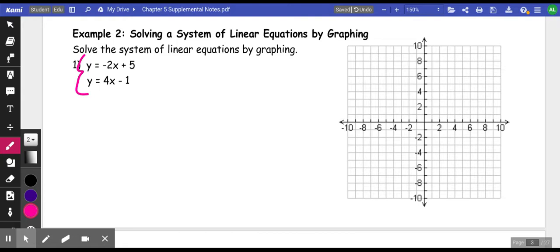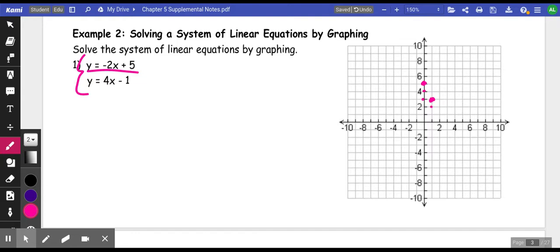I'm going to do this first one here in pink. Okay, so y is equal to negative 2x plus 5. So I know my starting point right here is 5. Okay, that's my y-intercept. And my slope is negative 2. So I'm going to go down 1, 2, and over 1. I'm going to try and make my life a little bit easier. I'm going to have a whole bunch of points, so when I plot this line, it looks good even on the laptop.